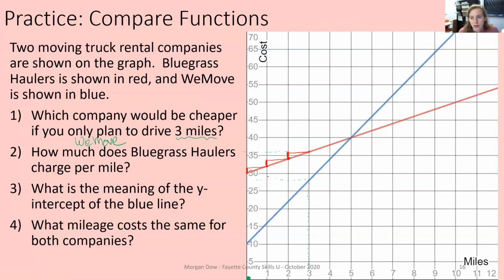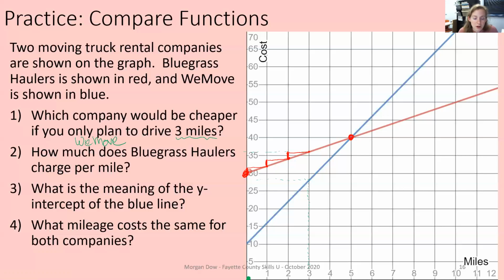So what I would recommend doing is instead of choosing points that are floating in between labeled numbers, I would choose points that are sitting on lines, that are sitting on labeled numbers. So I'm going to start with this point here. And then I'm also going to choose this point right here.